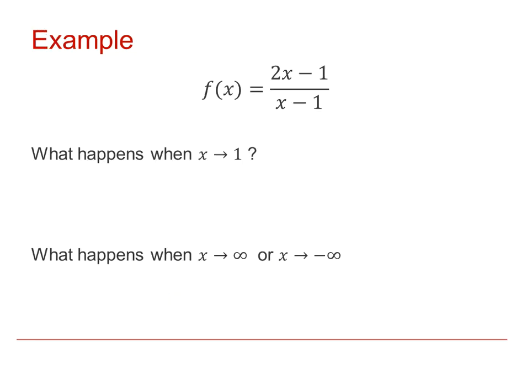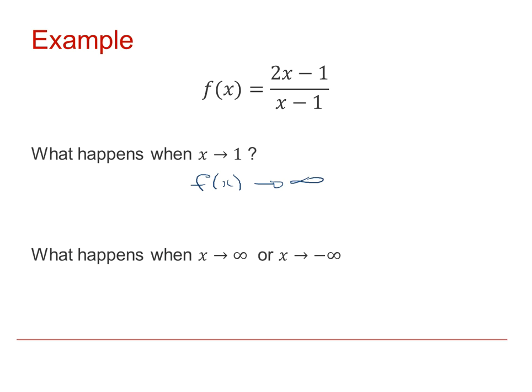So as an example of that, we could consider this function. We've got 2x minus 1 for the numerator and x minus 1 for the denominator. And we can see that when x approaches 1, then we're going to have the f of x approaching infinity. And it has a vertical asymptote at x is equal to 1.